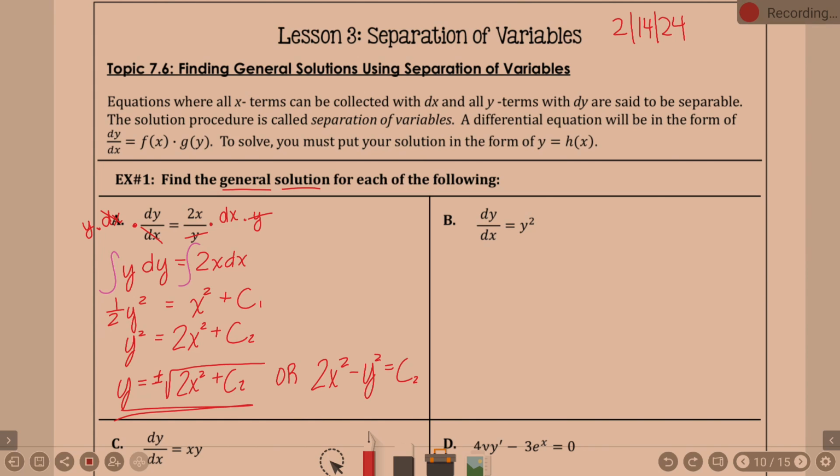Again, it depends on the situation as to what you're trying to do, where you're trying to go. In this, we're just trying to get a general solution. So both are acceptable. Both are good.